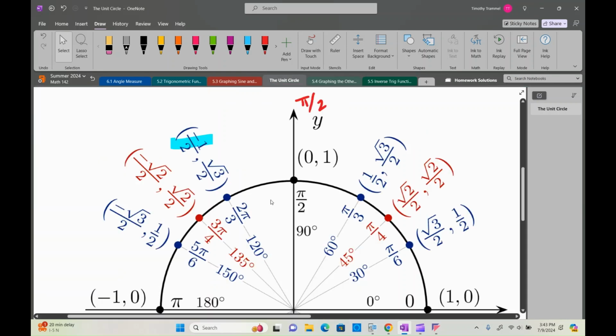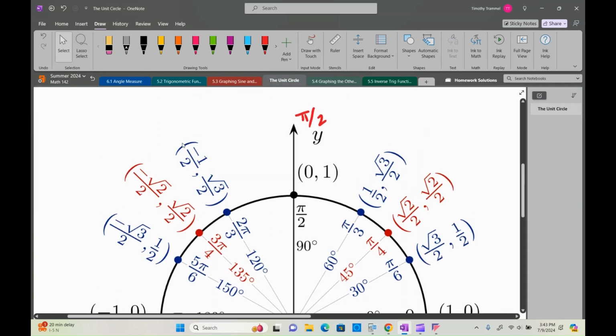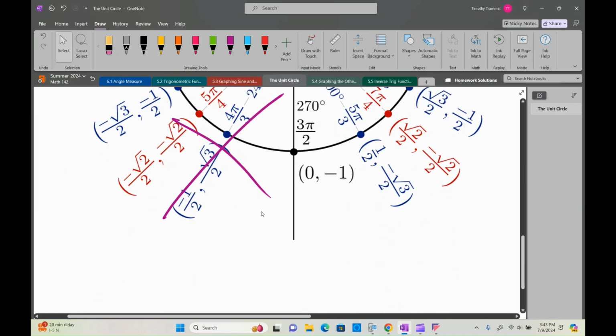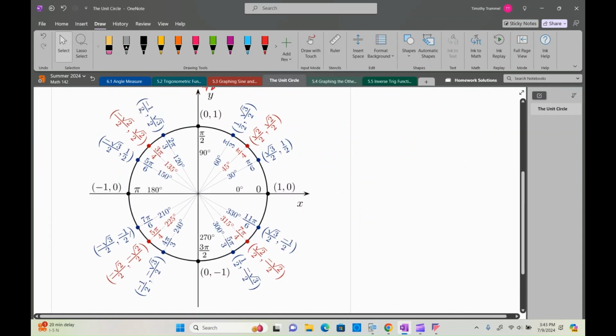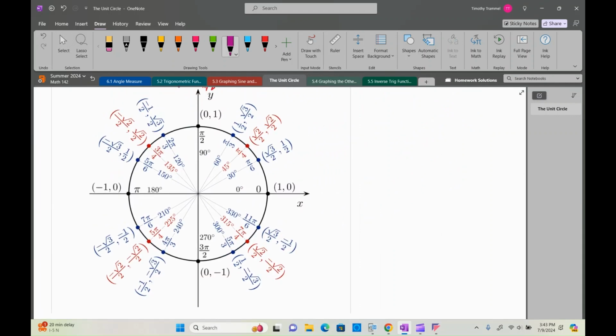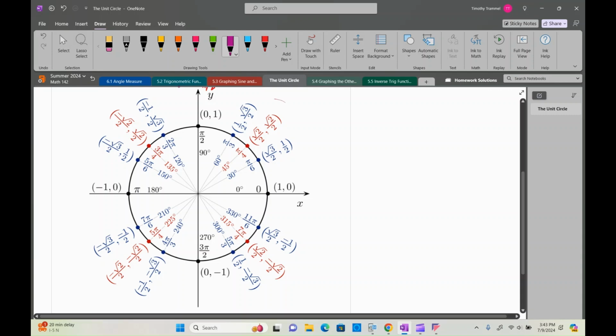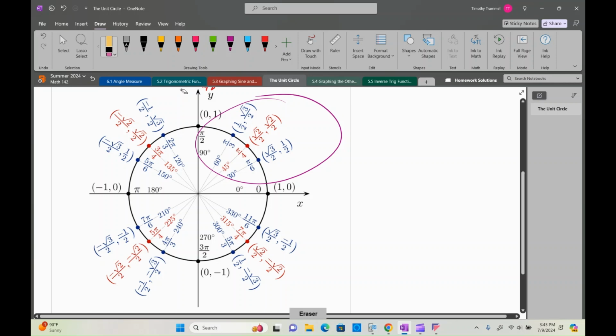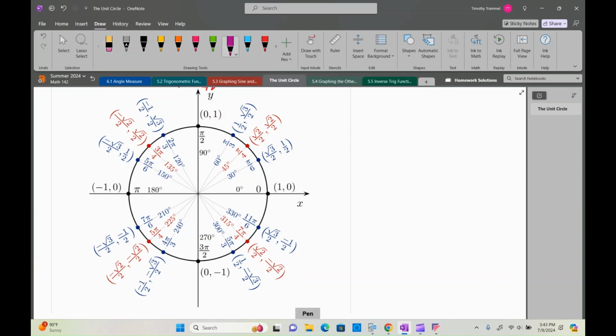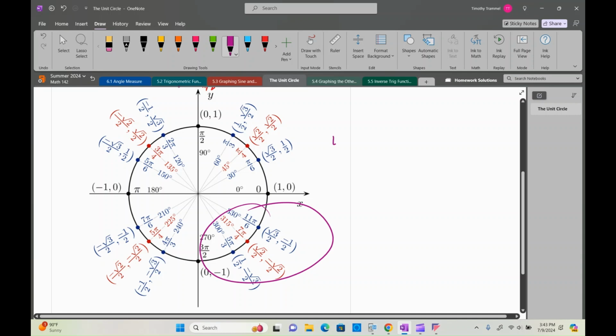So when we're thinking about tangent, angles must be between minus pi over 2 and pi over 2, meaning that we are in either quadrants 1 or 4. Well, in quadrant 1, if you do y over x, all of those are positive. However, in the fourth quadrant, we will get a negative, which is good because we were asked to find tangent inverse. Let's just write down what it was. Tangent inverse of minus root 3 over 3.